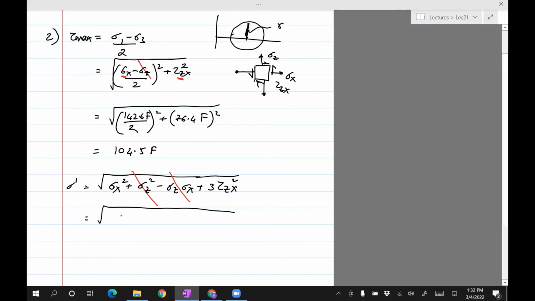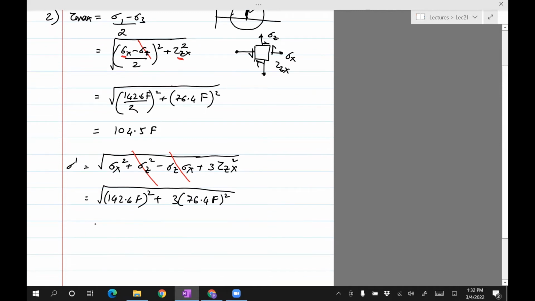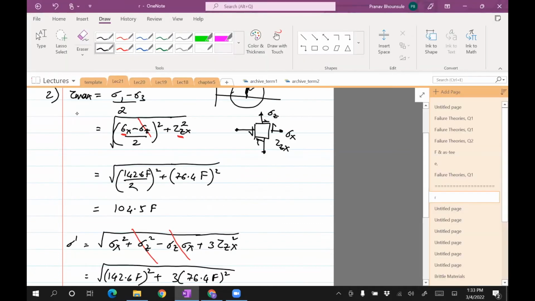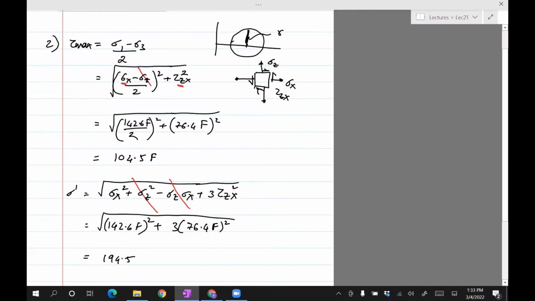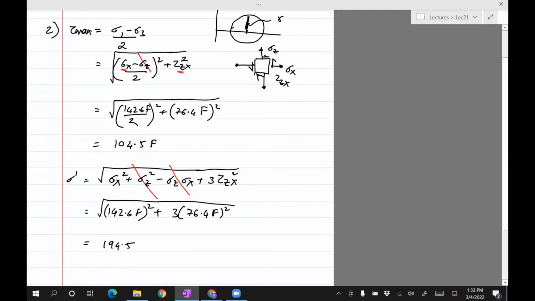So sigma x is 142.6 squared plus 3 times 76.4 F squared. So simplifying this gives me 194.5. Okay, so I need tau max and sigma prime now for the last step, which is to apply the distortion energy and maximum shear stress theory. Just give me a second and then move on to the final step.